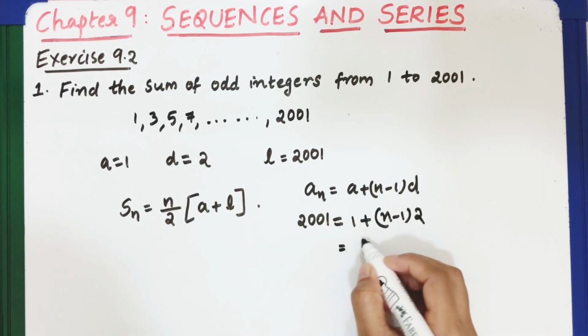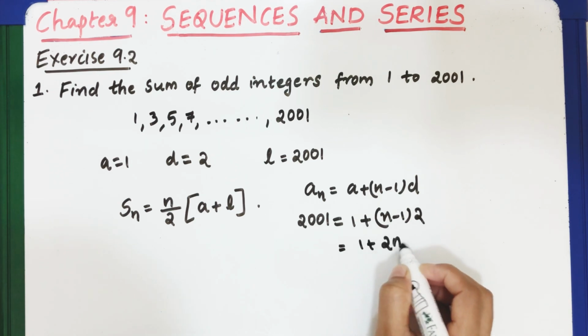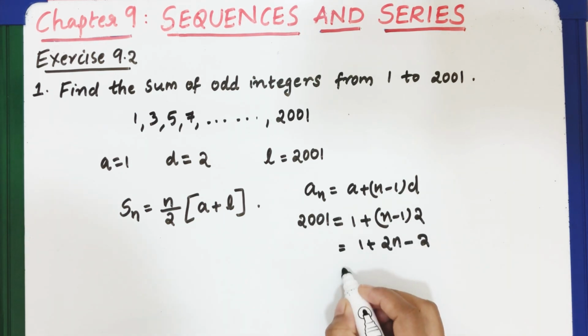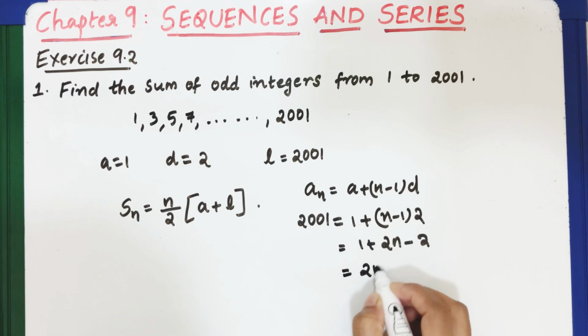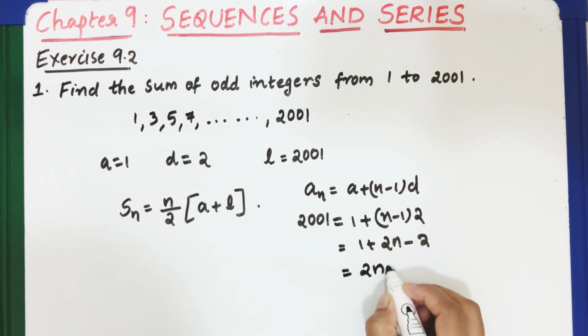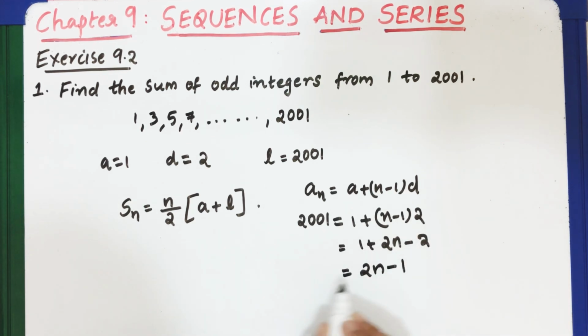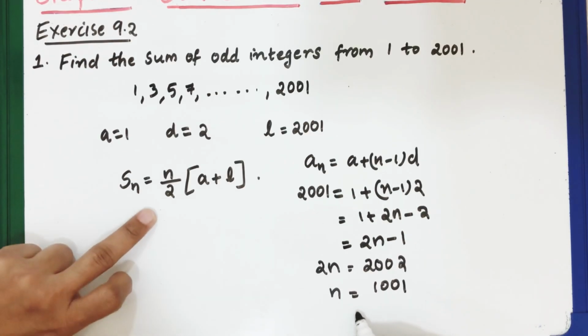Which is equal to 1 plus 2n minus 2, that is 2n, 1 minus 2 is minus 1, 2n minus 1. Or 2001 plus 1 is equal to 2n, that is 2n is equal to 2002. That is n is equal to 2002 by 2, which is equal to 1001. That is, we have got n.